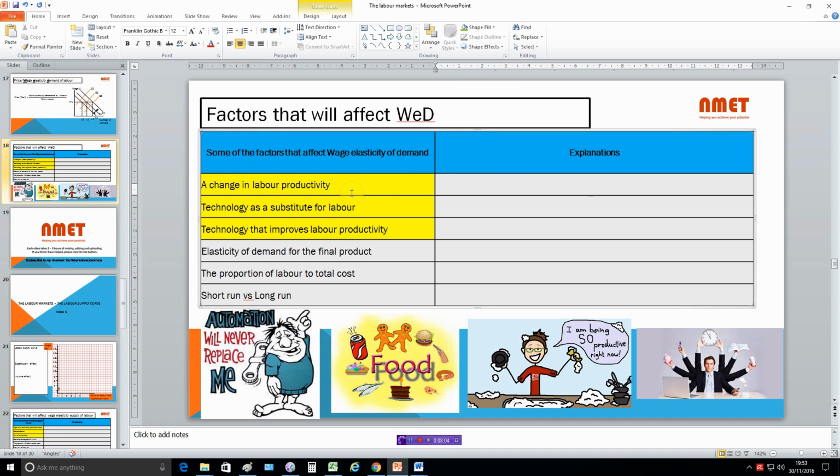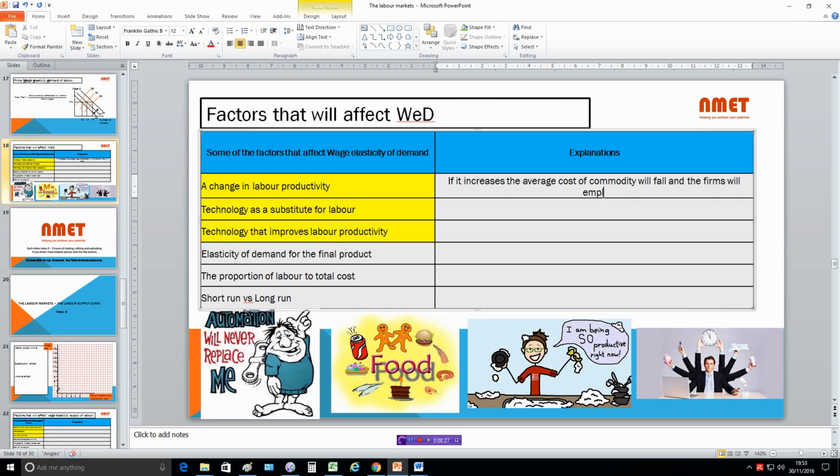So, a change in labor productivity. If labor productivity is high, what will happen to average cost? It will fall. So what will the firm do? Will they employ more workers or fewer workers? Employ more so they can increase output.